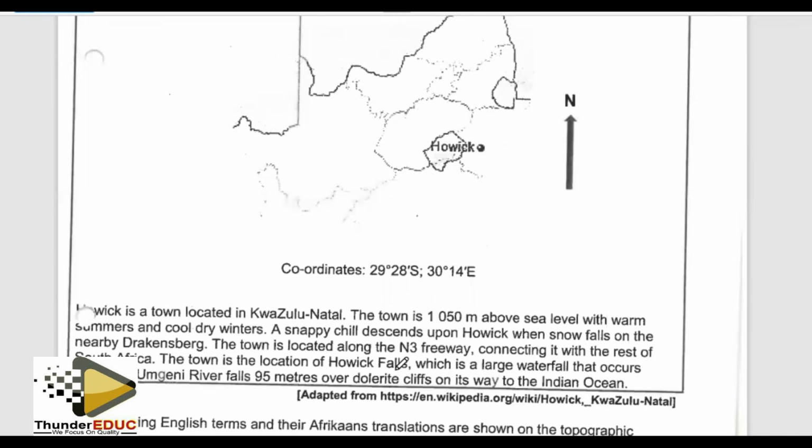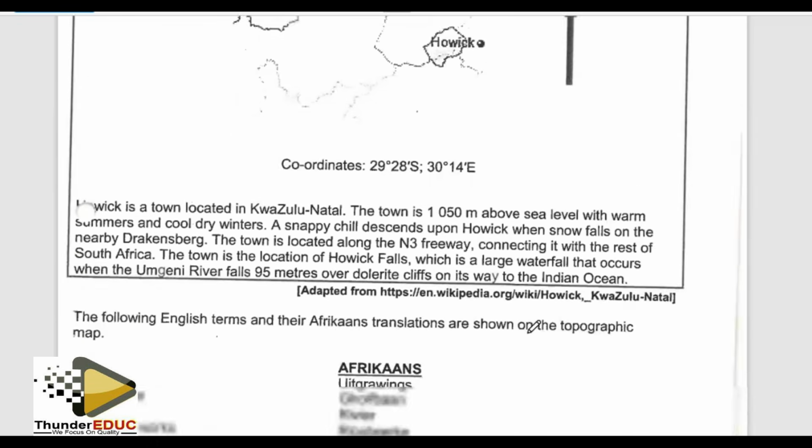The town is located along the N3 freeway, connecting it with the rest of South Africa. The town is the location of Howick Falls, the large waterfall that occurs when the Umgeni River falls 95 meters over the Ararat cliffs on its way to the Indian Ocean.